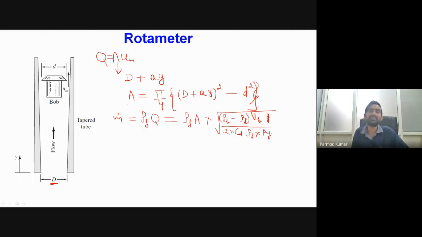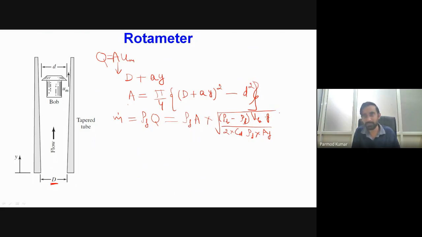In this expression, if we already know the rate at which our diameter is increasing, A is a known parameter and will be constant.